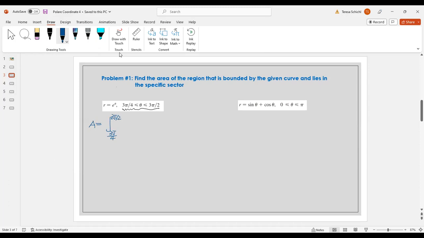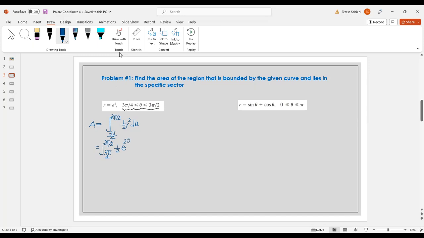Then 1/2 r squared d theta. So from 3 pi over 4 to 3 pi over 2, 1/2 times r squared, which is e to the 2 theta, d theta.